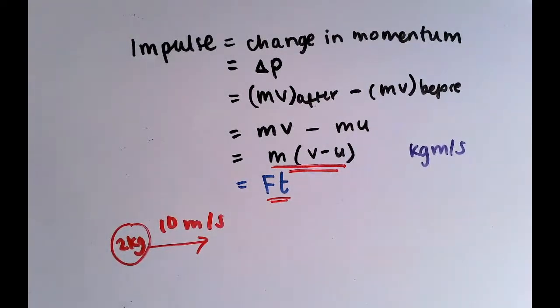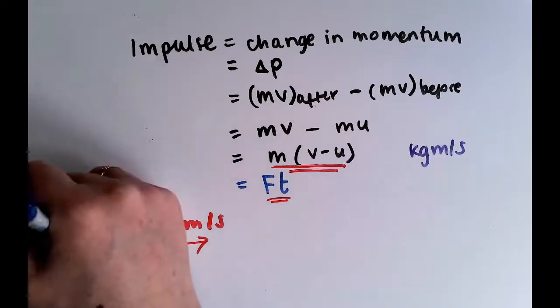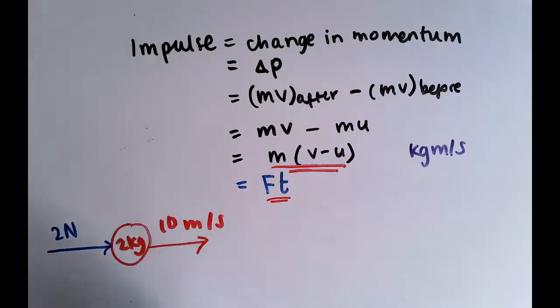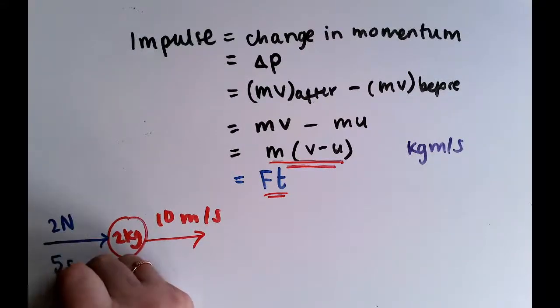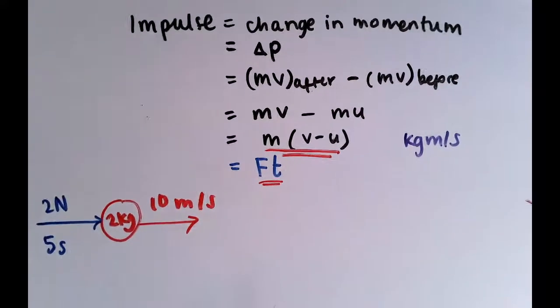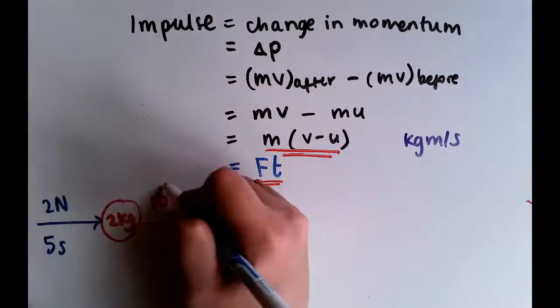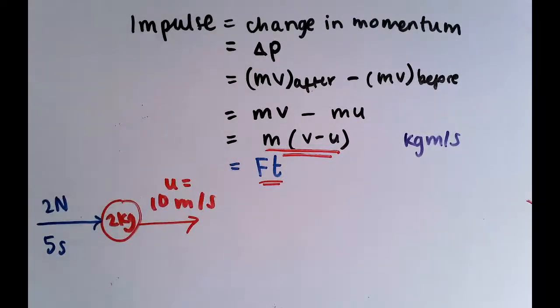But now suddenly a force of 2 newtons is exerted on it to the right, acting for 5 seconds. They might then ask, what is the final velocity of the object? And we can do that because we now have everything that we need.